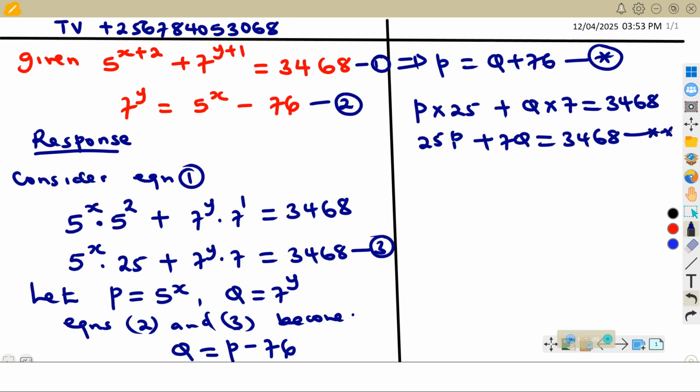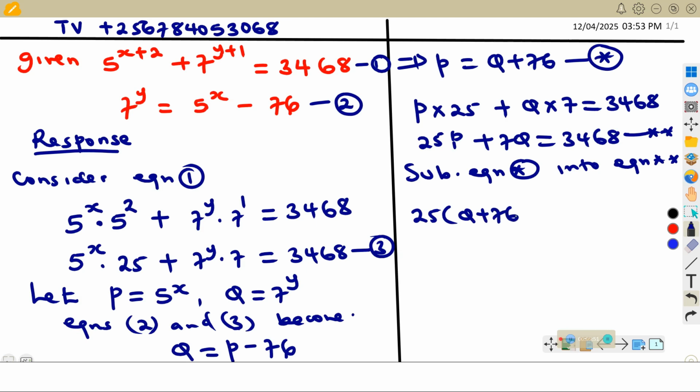I can call this one equation star star. I will substitute equation star into equation star star. If we do that, 25 into q plus 76, plus 7q, will be equal to 3,468.